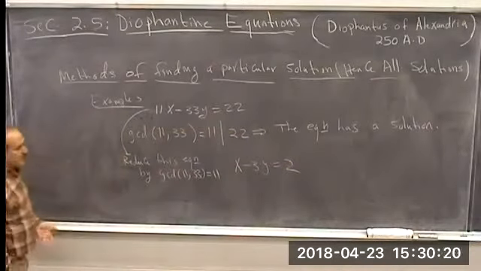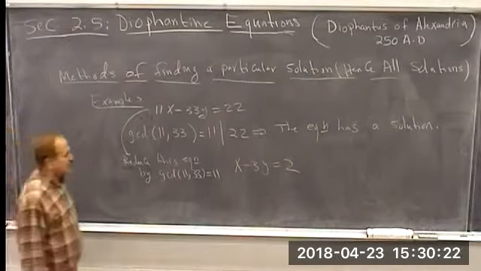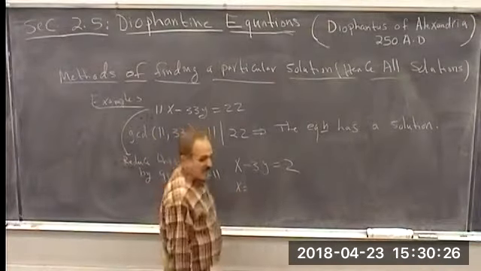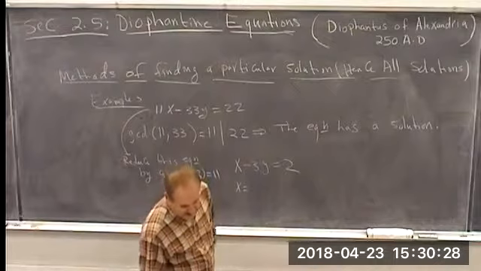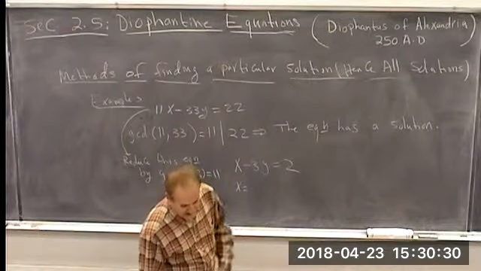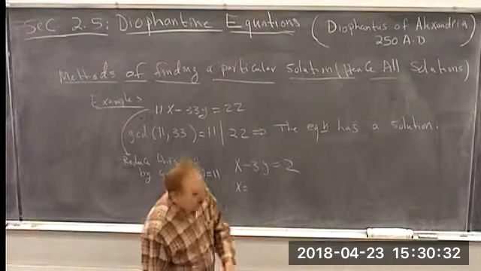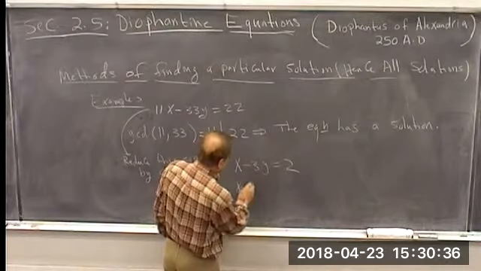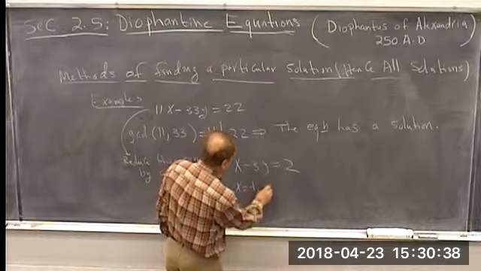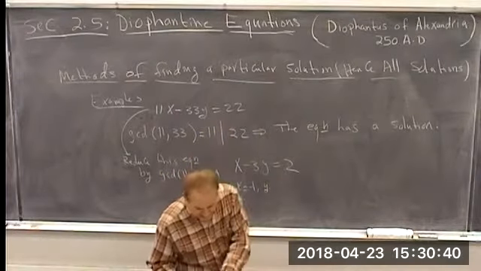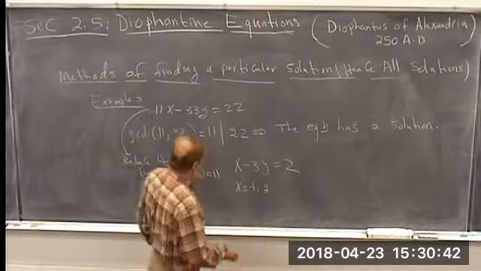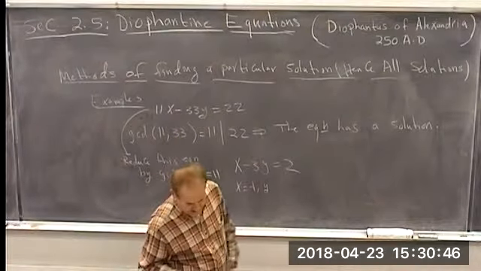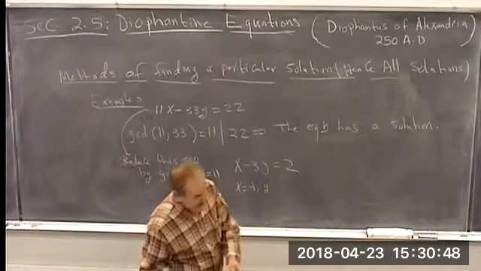Very simple. In fact, we can guess what the solution is. So if you put x equal to 1 or negative 1, and y, let me see here, 1 and 3, actually 5 and 1, sorry.